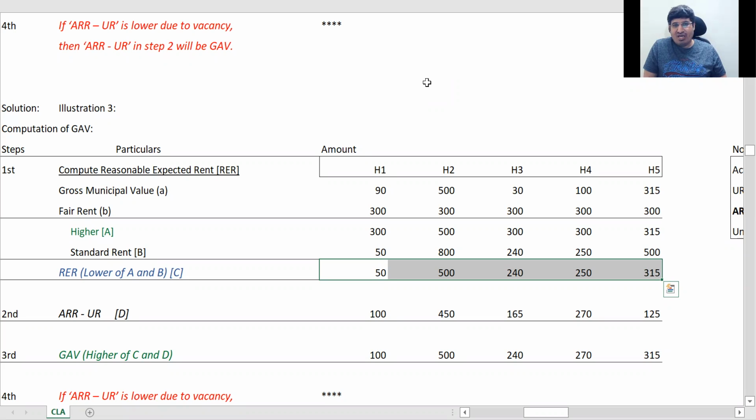Okay, I'm waiting. Just tell me if you are all agreeing with my RER figure, for all 5 houses. Clear? Matching, sir. If you're computing, you compute, because this is from where we will proceed.